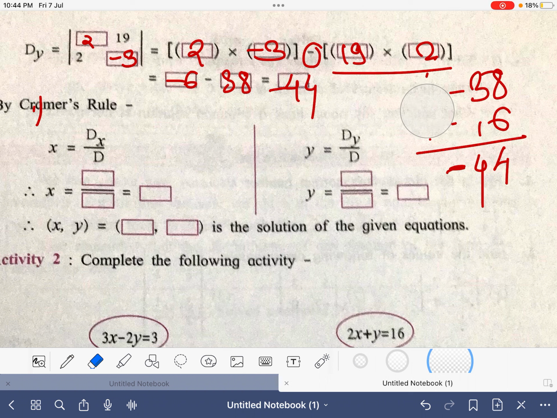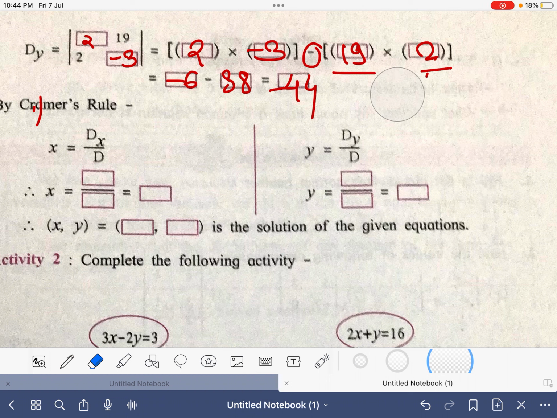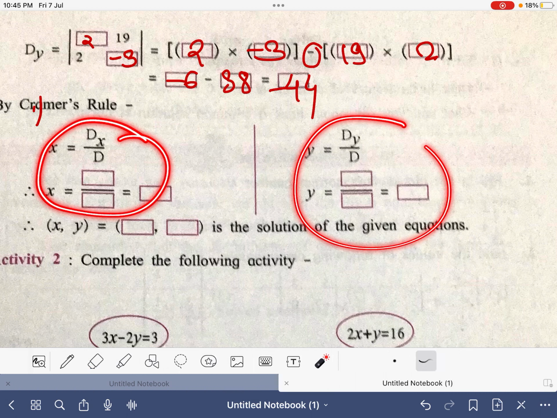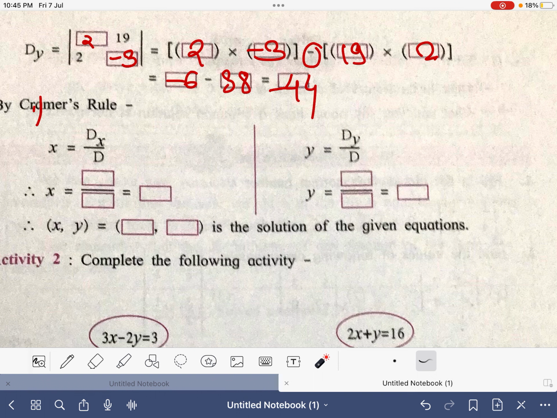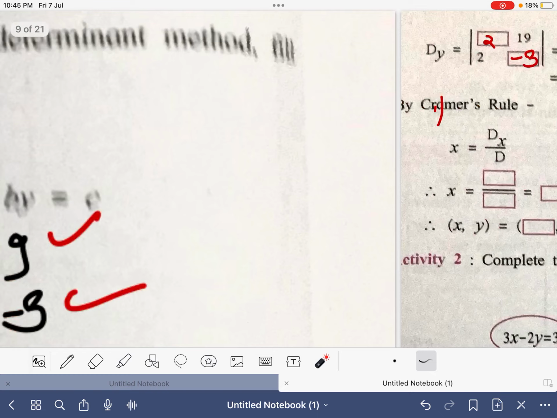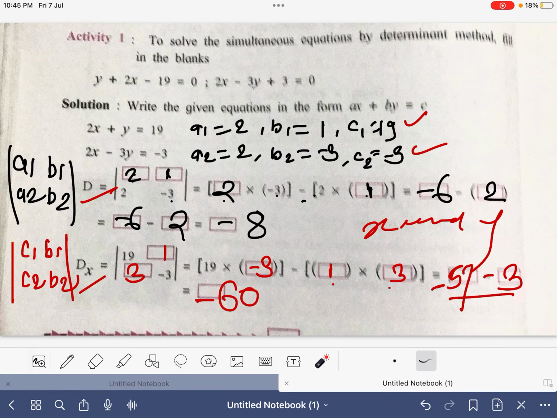Okay, now simplify. So we get the value of dx, the value of dy, and we get the value of d. All these values we have to put in this formula to get the value of x and y. First of all write down what is the value of dx. Go back and check it, what is the value of dx. Okay, it's minus 60.